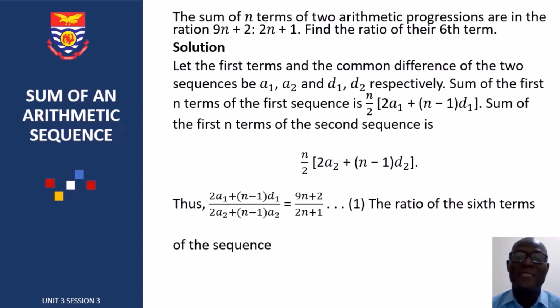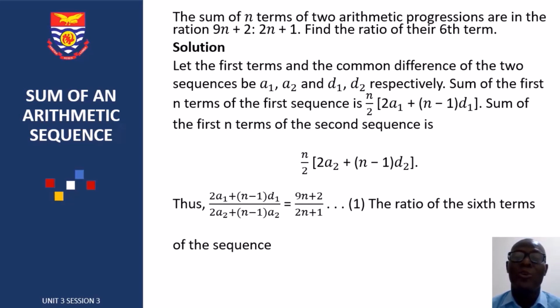So for the first sequence, we have n over 2 into square brackets 2a subscript 1 plus into braces n minus 1, then multiplying the common difference d subscript 1. Also, for the second sequence, we have n over 2 into square brackets 2a subscript 2 plus into braces n minus 1, multiplying the common difference d subscript 2.